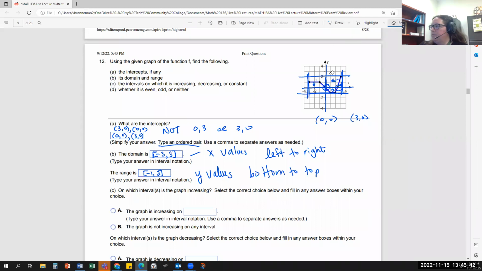All right. So then we have the increasing, decreasing, and constant. My recommendation is don't answer the increasing, then the decreasing, and then the constant. You want to look at the whole graph from left to right and figure out the pieces.